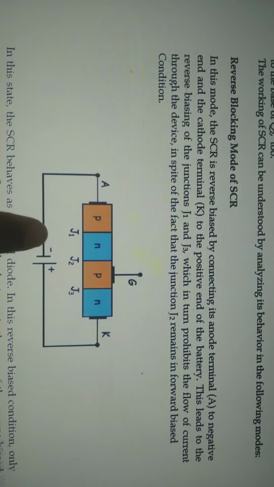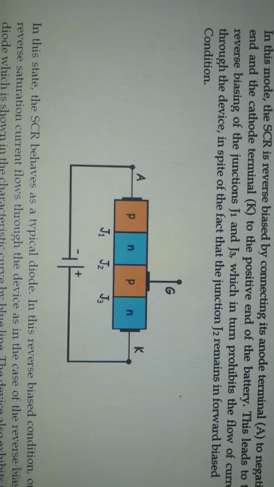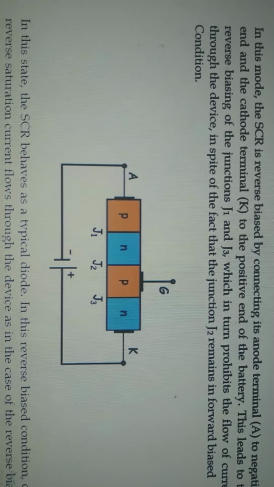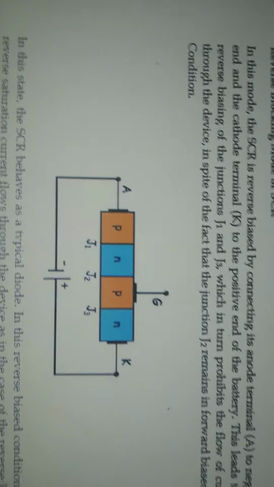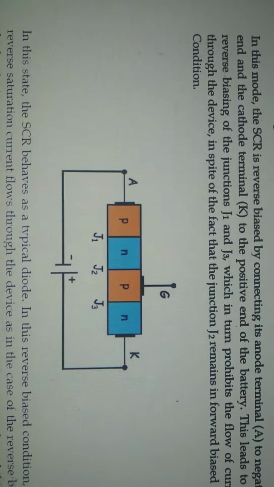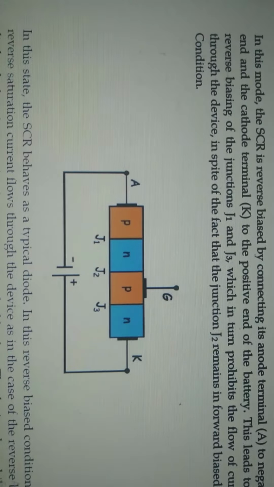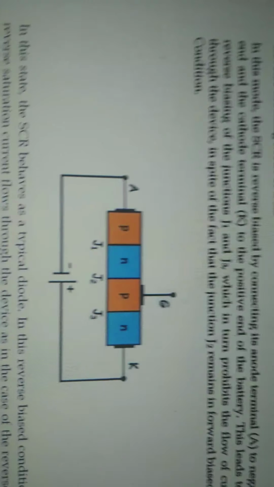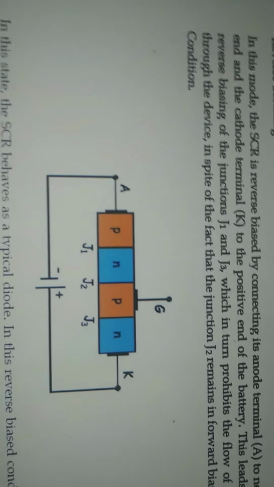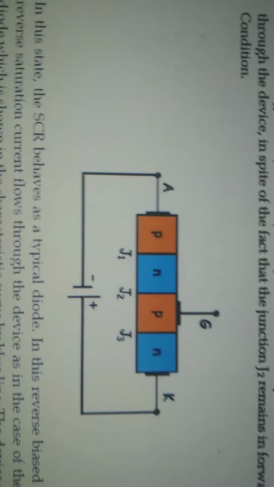P-type material means the majority carriers of the p-type material are holes. Majority carriers of n-type material are electrons. So p-type material having the holes and holes having the positive charge, n-type material having the electrons and having the negative charge.